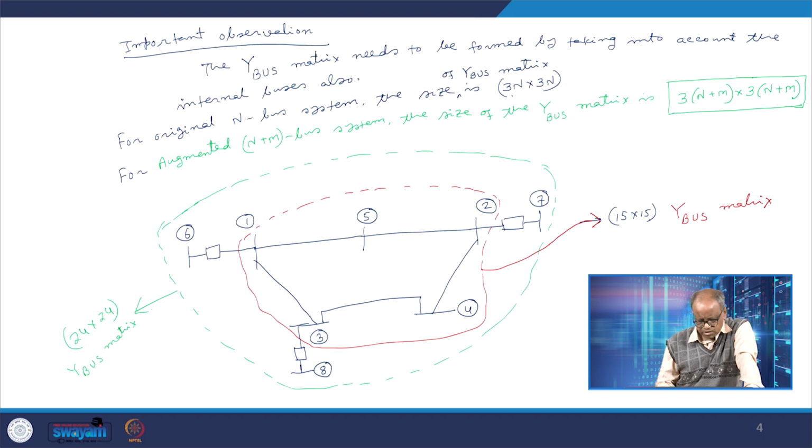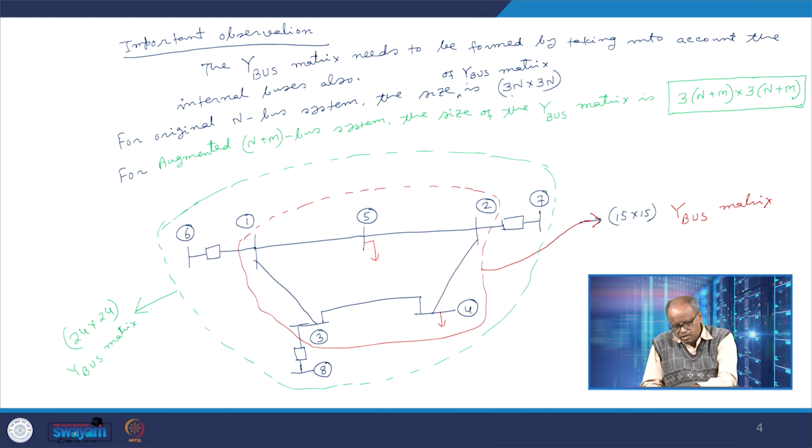Again, to understand that, first let us look at this original system. I have the original system with buses 1, 2, 3, 4, 5. Buses 1, 2, 3 are the generator buses, and buses 4 and 5 are the load buses. So at buses 4 and 5 I know all the 6 load quantities.